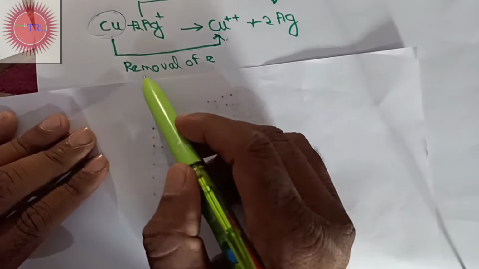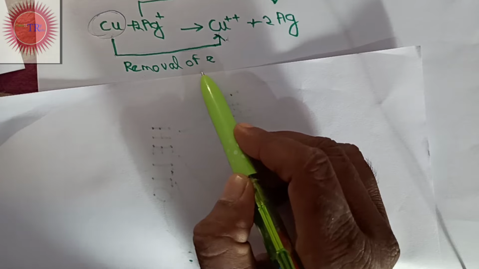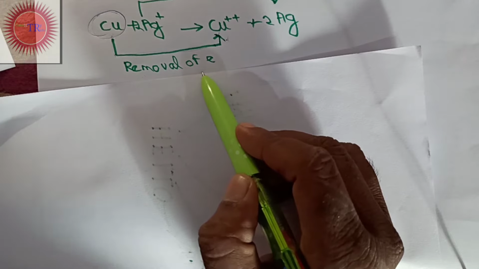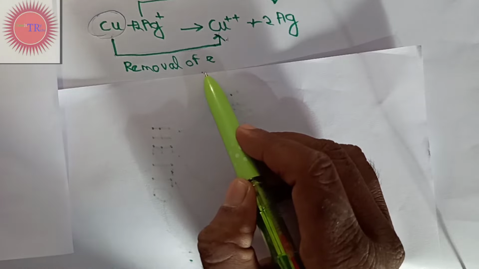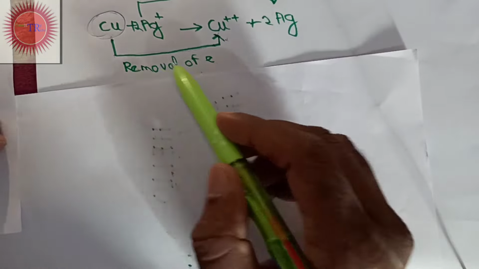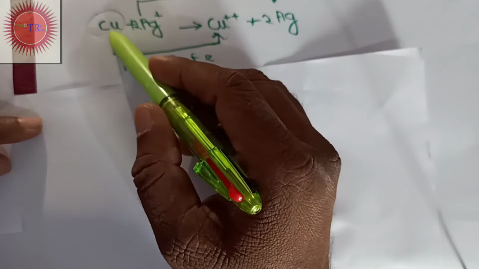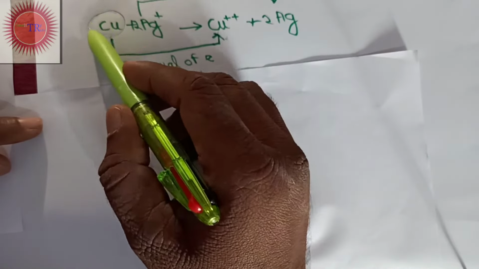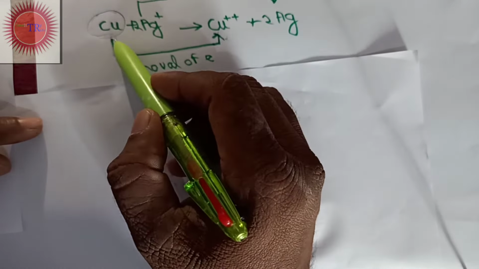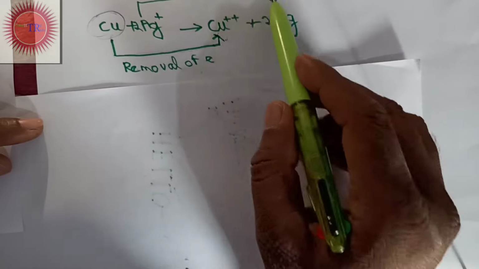So here is the removal of electron, and by the trick you know that removal of electron is called oxidation. So from Cu to Cu double plus, here Cu is oxidized. And for Ag plus, here is the plus charge and here is no charge.